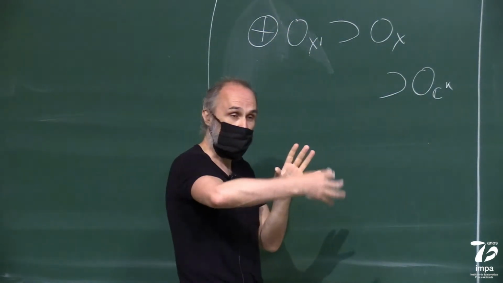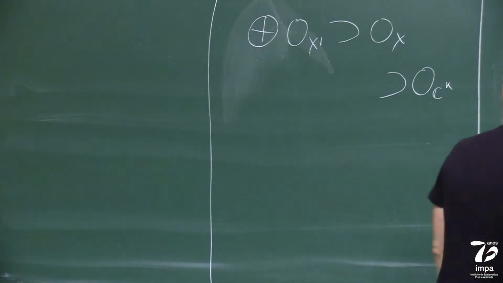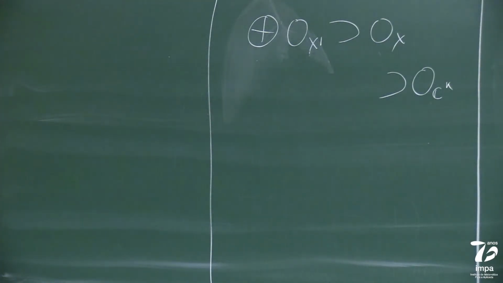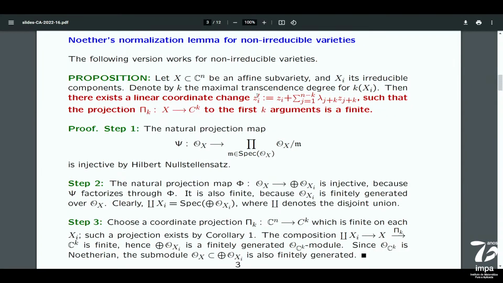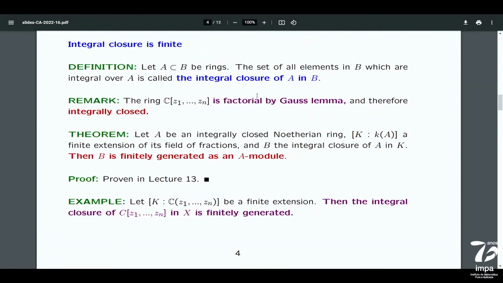If you have a submodule of a finitely generated module, it's finitely generated. This implies that this ring is finitely generated. Yeah, was I clear in the previous with this picture?